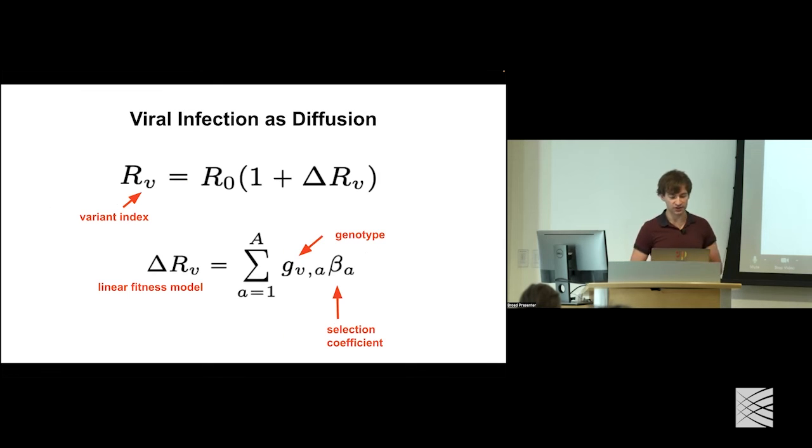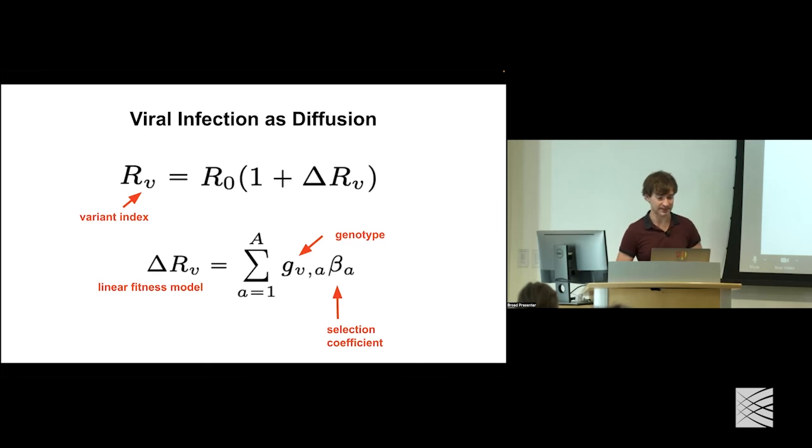But so far I've only talked about variants, which I could also refer to as lineages. To really make this interesting, we want to connect the variants back down to the genotype, right? We're really interested in what's happening at the allele level. To do that, we need to make additional assumptions. In particular, we need to introduce some sort of fitness model that connects the basic reproduction number R to the actual alleles and mutations that we observe.